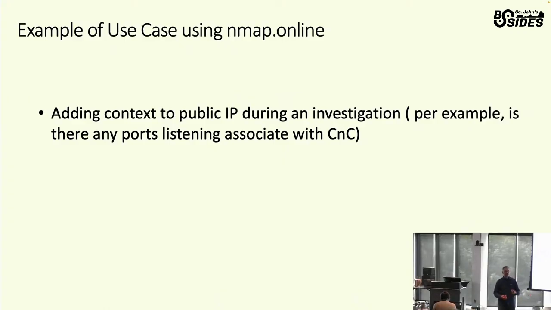Then you can use that type of service to automatically add to your incident ticket the result of the port scan of that public IP. Why does that matter? Then you can identify maybe that there are some open ports that may be associated with a C2, let's say, or other malicious activity as well.